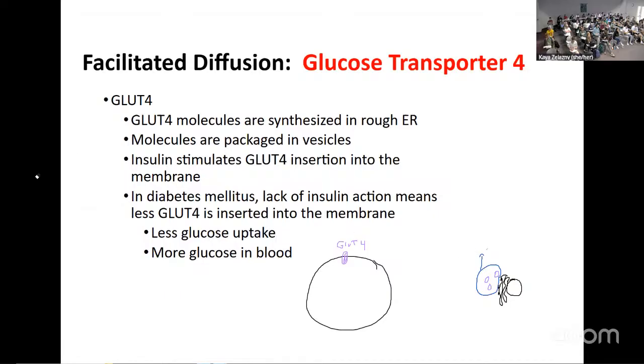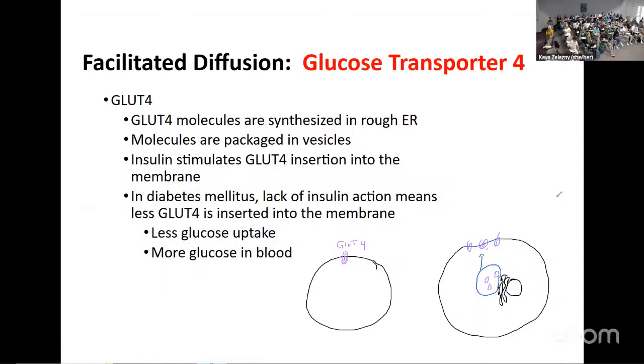So we've got now the original membrane that we had, but that popped vesicle is inserted onto it, and we've got those GLUT4 transporters that were in the vesicle now on the surface of the membrane.